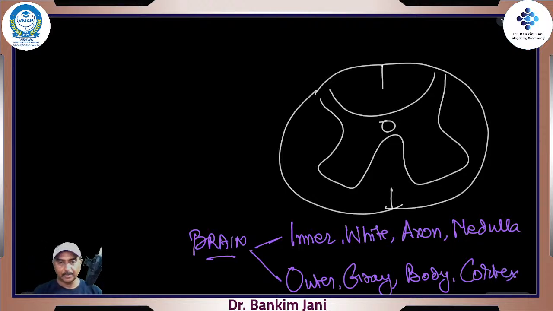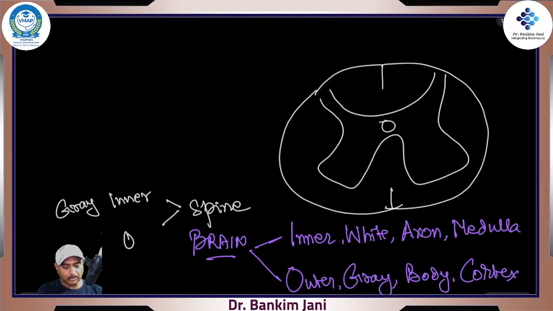Done. In case of the spine, things are reverse. So in the spine, the inner part is gray. This inner part is gray matter, and the outer one is white matter.